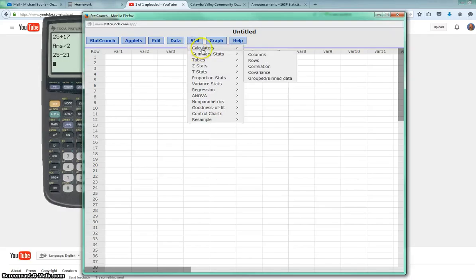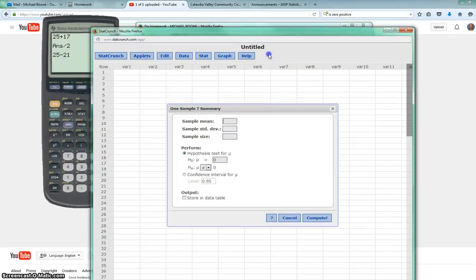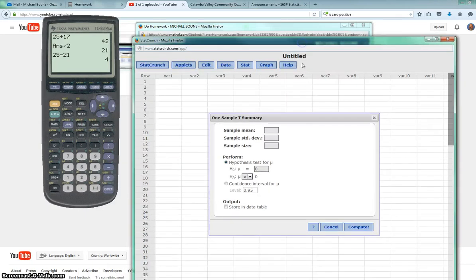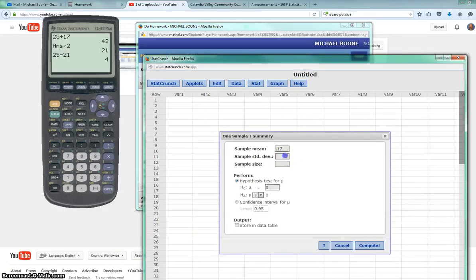And again, I'm going to go to T statistics. So in the last section we went to proportion statistics. This one will go to T statistics. One sample, and we have a summary where they give us the mean, the standard deviation. So our mean was 0.17, had a standard deviation of 0.06, and I remember the sample size was 1,200.